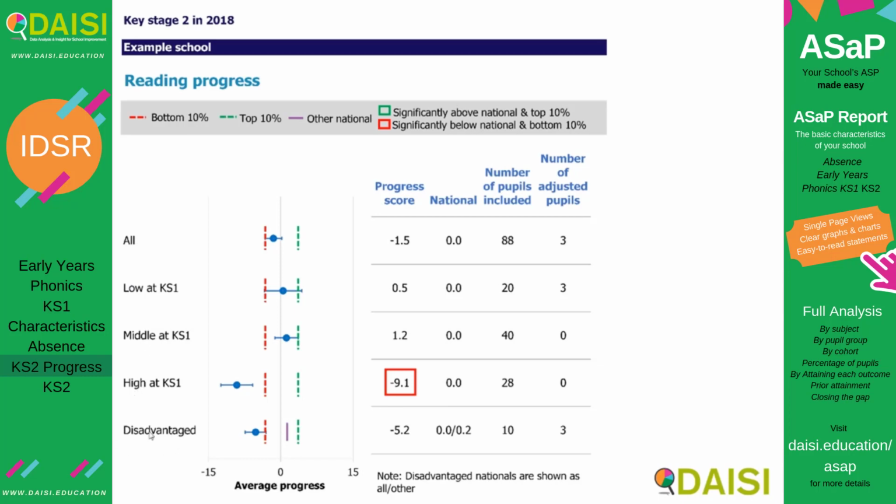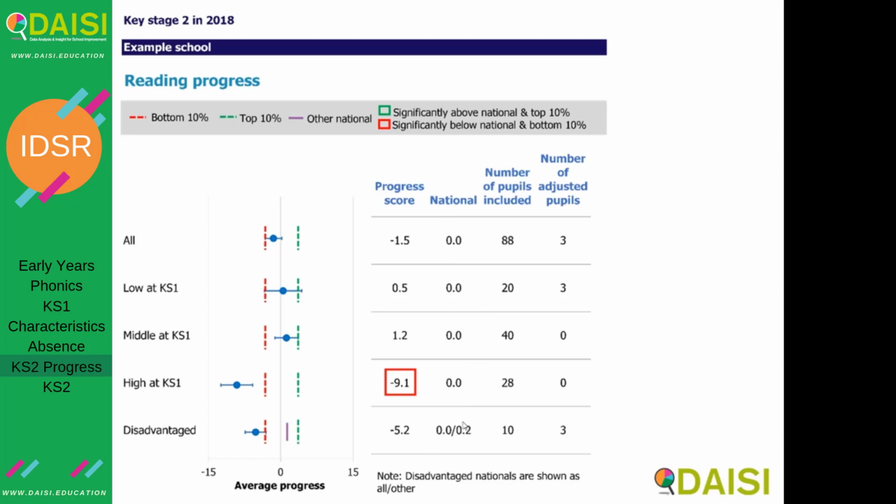And we have your disadvantaged pupils. So we've got your progress score, the national comparator, which is always 0, apart from your disadvantaged other. So your disadvantaged pupils are being compared against the national all, 0, and the national other, typically around 0.3.